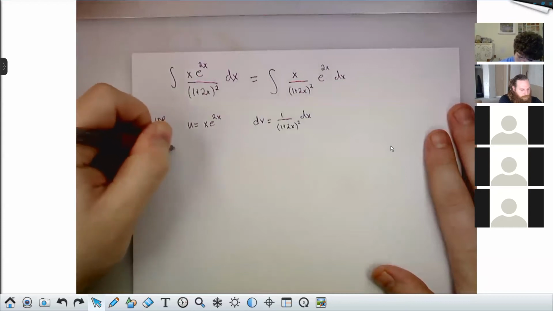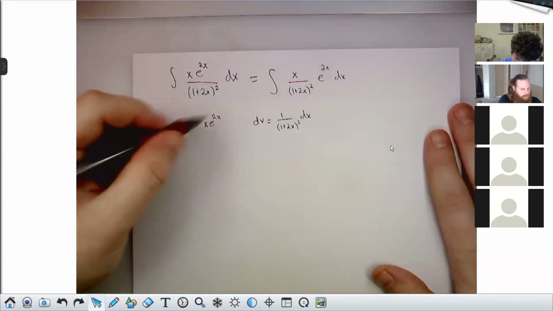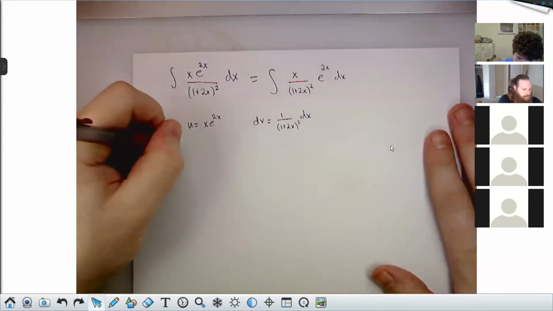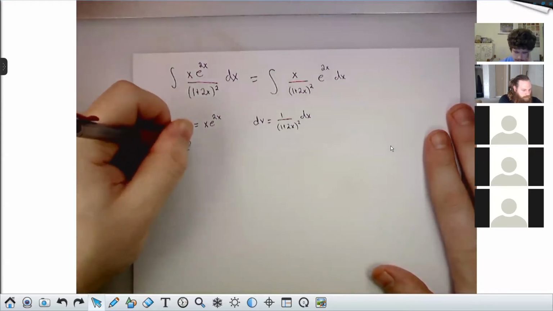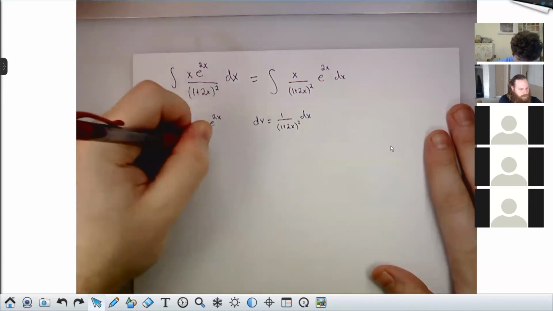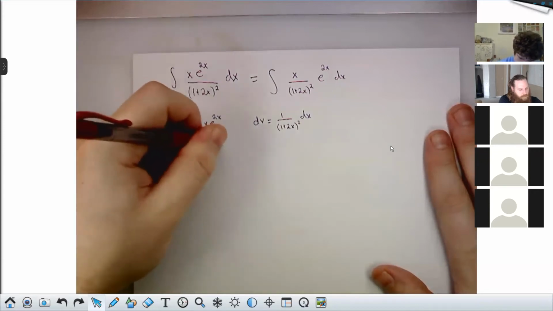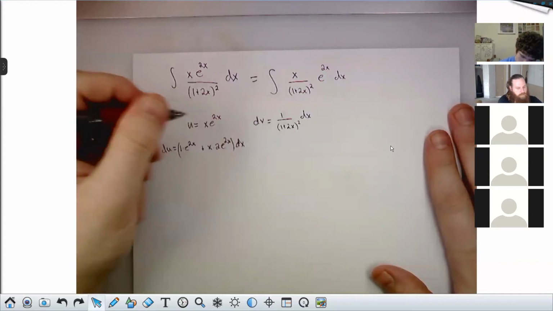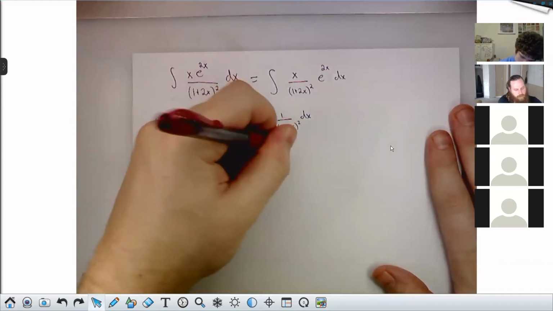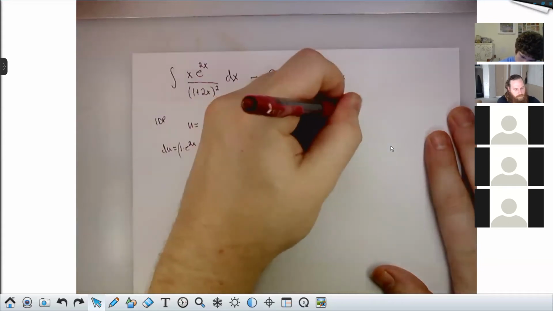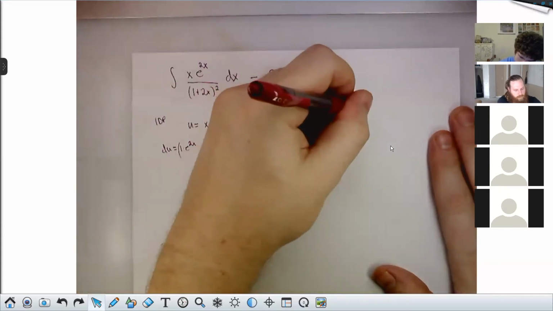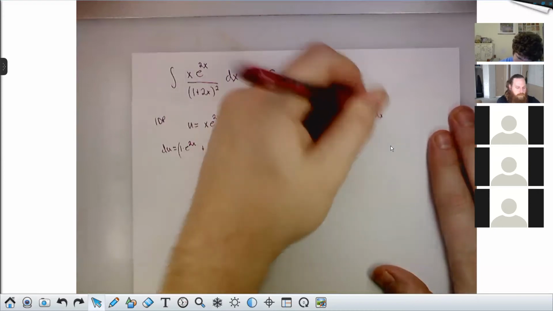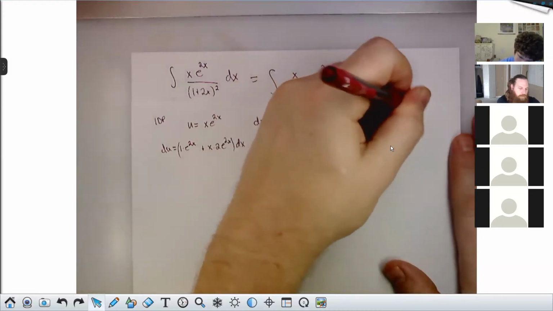We won't need IBP to go from dv to v. That's nice. Here we will need the product and chain rules. So this will be 1 times e to the 2x plus x times 2 e to the 2x dx. And v here would be the integral of this. We can come off to the side. 1 over 1 plus 2x squared dx. You do this with a little u sub.